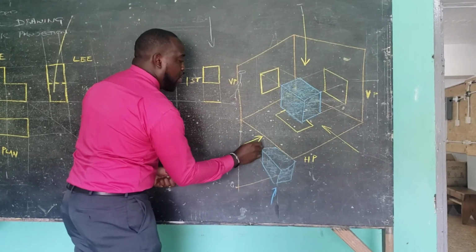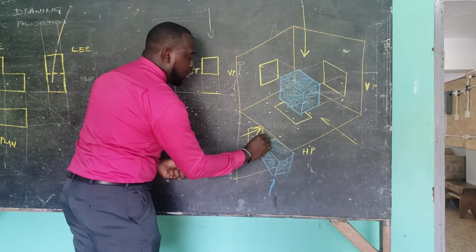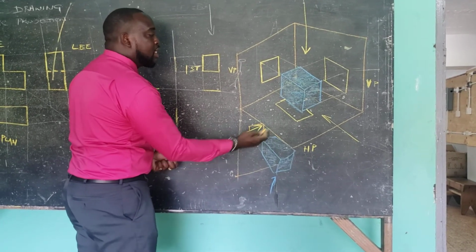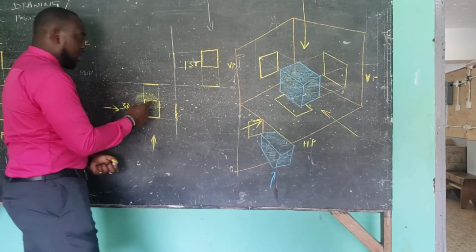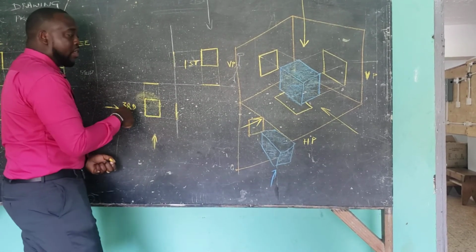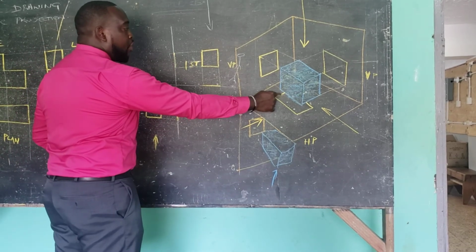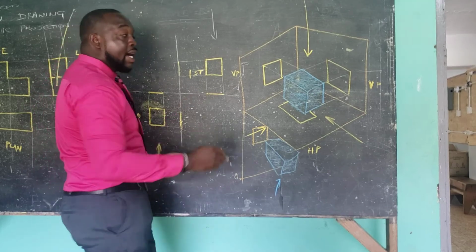The elevation, however, would be projected on this side. Is that clear? If you notice now, the plan is at the top and the elevation below it for third angle. And for first angle, we have our elevation at the top and our plan at the base.